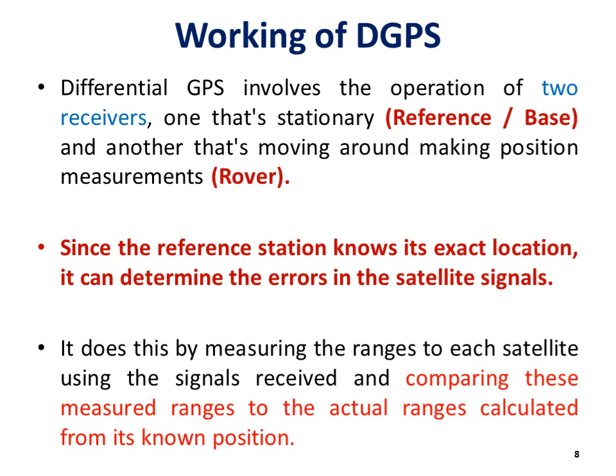I hope you are getting it. It does this by measuring the ranges to each satellite using the signals received and comparing these measured ranges to the actual ranges calculated from its known position. Its position is already known, so you can just compare.